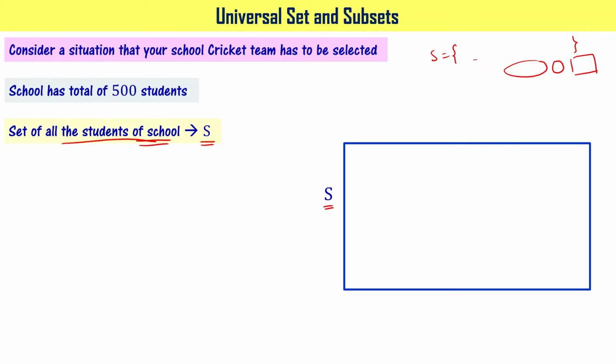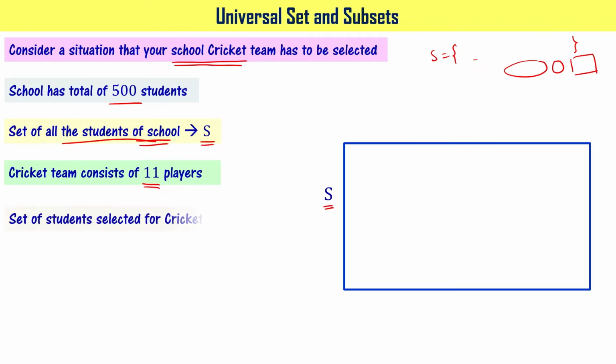Now you want to get your school cricket team selected. We know that a cricket team is going to have 11 players. It means out of these 500 people, we have to select 11 people, right?